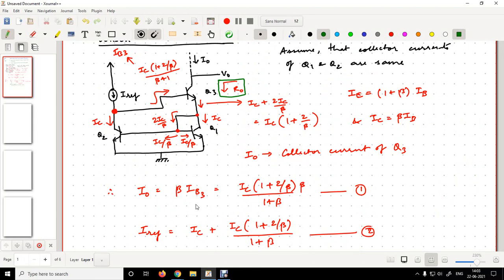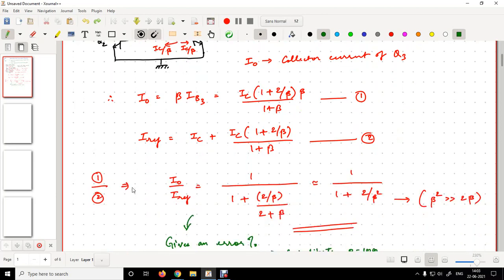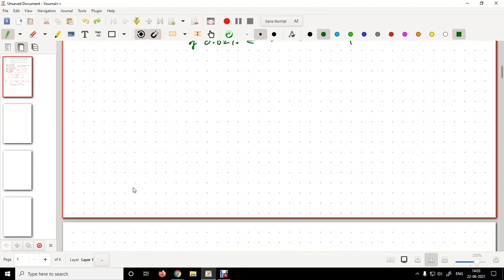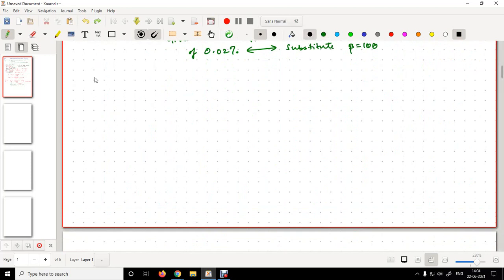So here to calculate R naught, this I reference should be 0. It means it is open circuited. So slightly redrawing the diagram, I'll write calculation of output resistance.